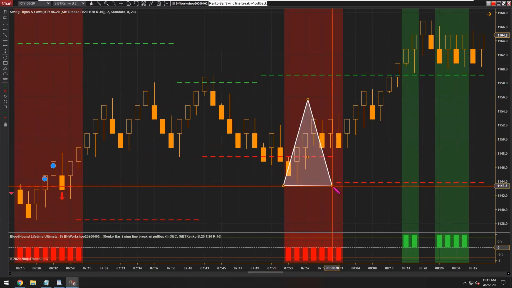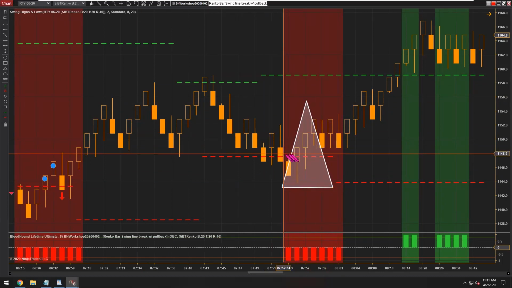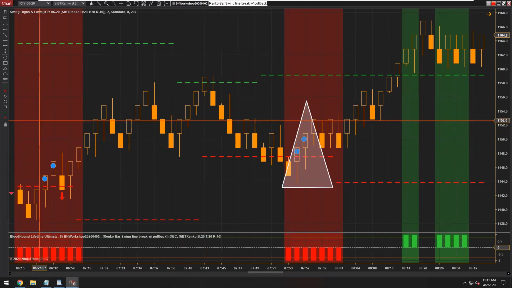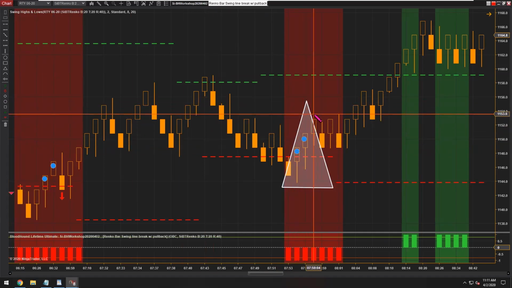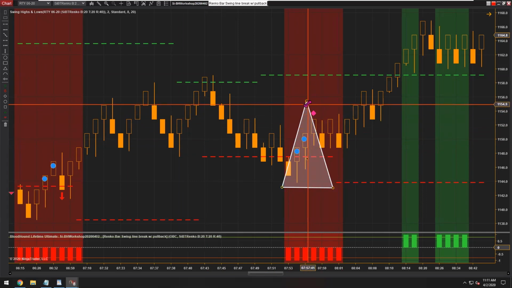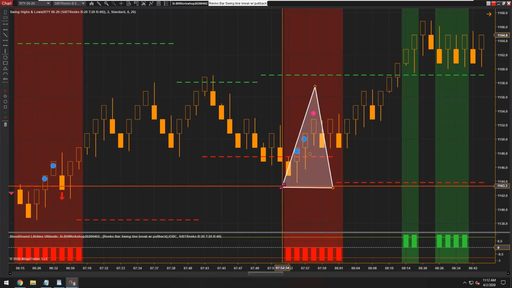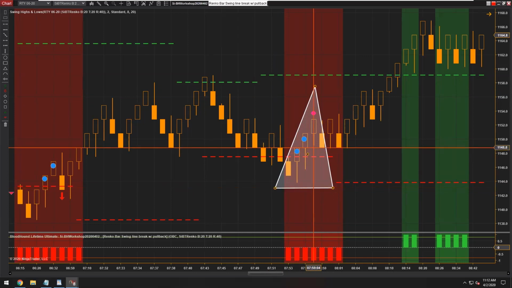Yeah. So here, this is actually a failed scenario. We had 1, 2, and then our 3rd bar created the failed setup there. It's good to mark failed setups as well, so that when you're going back and testing your system, you can make sure it's working.